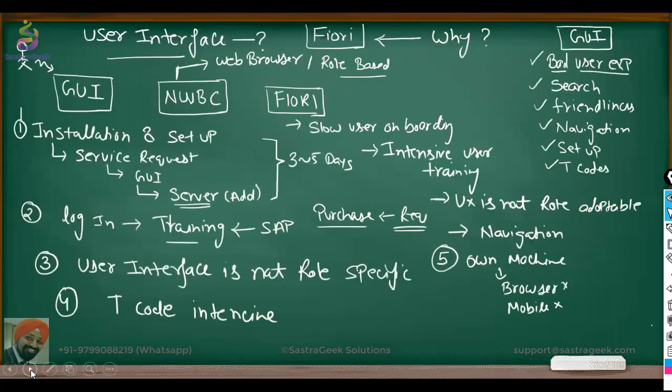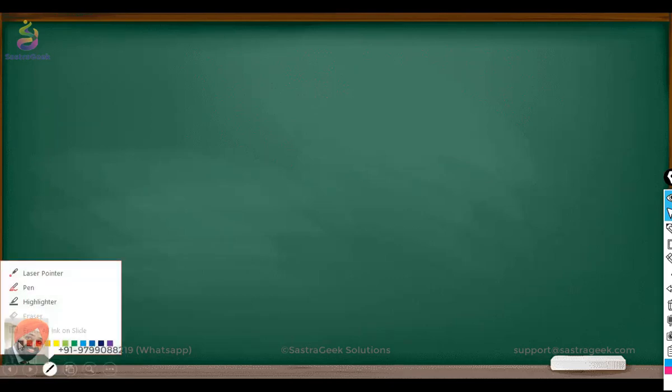So far we have discussed what kind of problems the user is having. User onboarding is slow. We require a lot of training for the users. Navigation is a problem; it is T code intensive.